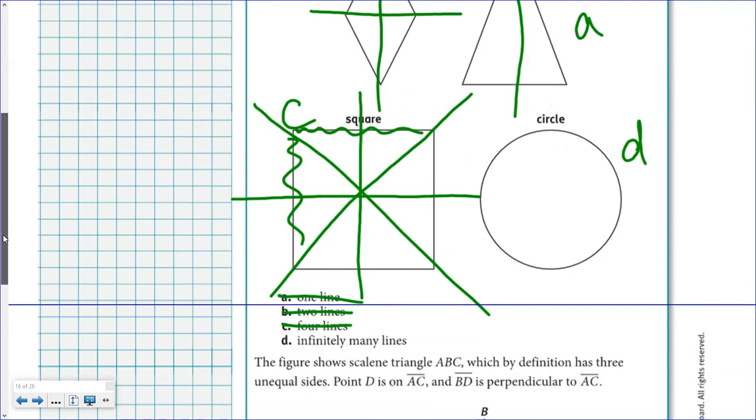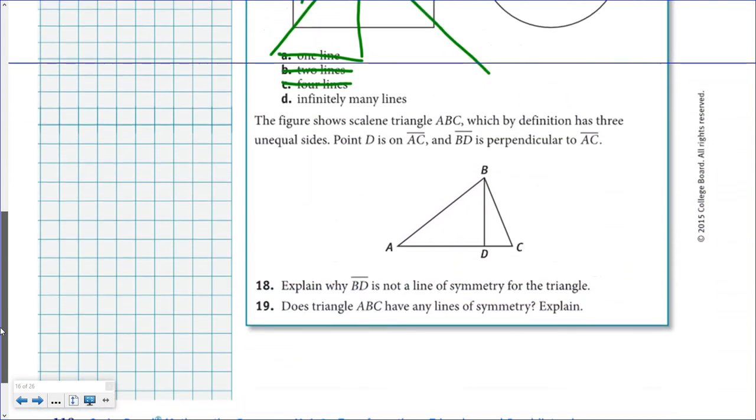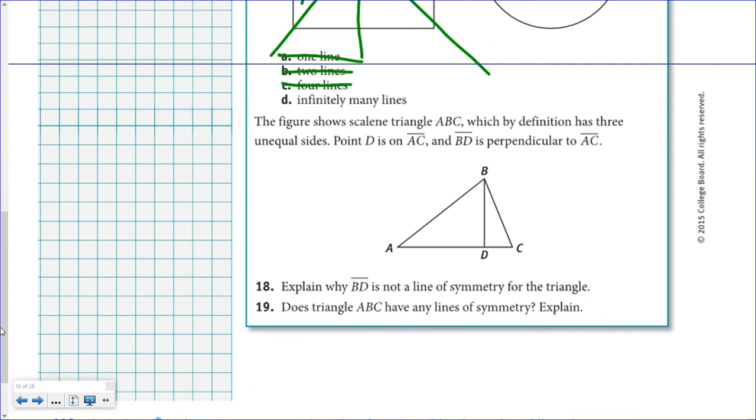Okay, so now let's look at this scalene triangle, ABCD, which means it has 3 unequal sides. Point D is on the line AC, and BD is perpendicular to AC. Why is BD not a line of symmetry for the triangle?